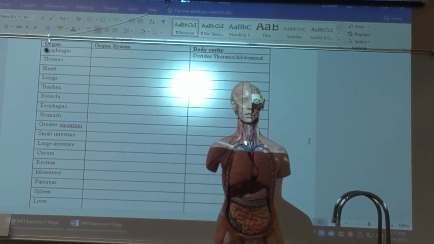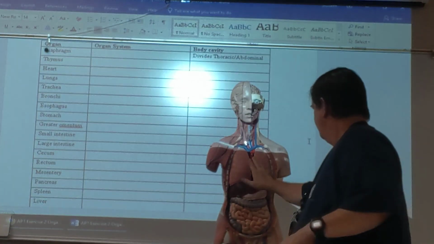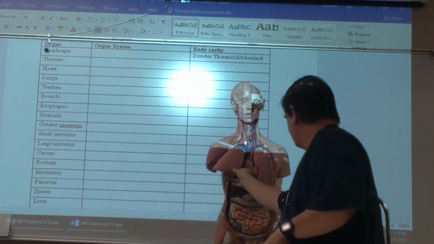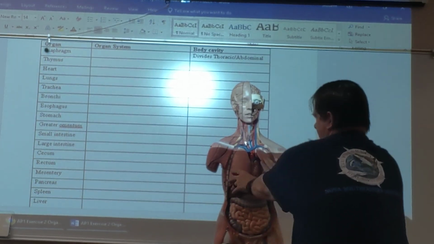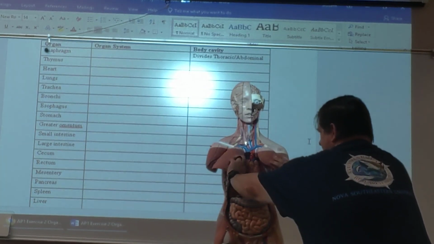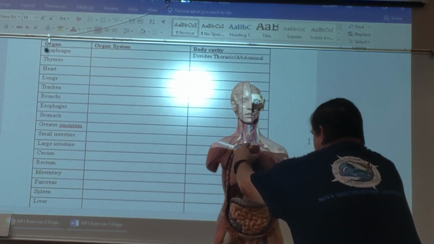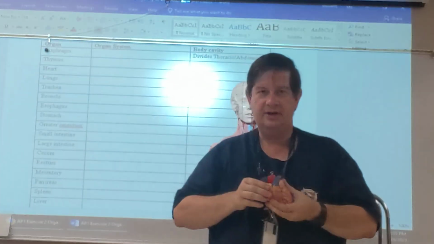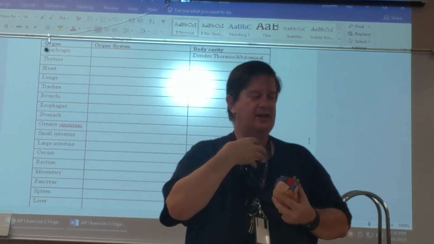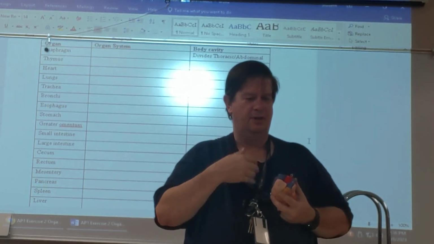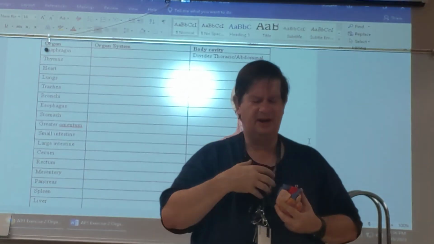So now the heart is below the lungs. I'm going to move this out of the way, right and left, so you can see the heart. And the heart here, I want you to notice a couple things. I want to talk about it being in the middle, the pericardial part in the mediastinum.